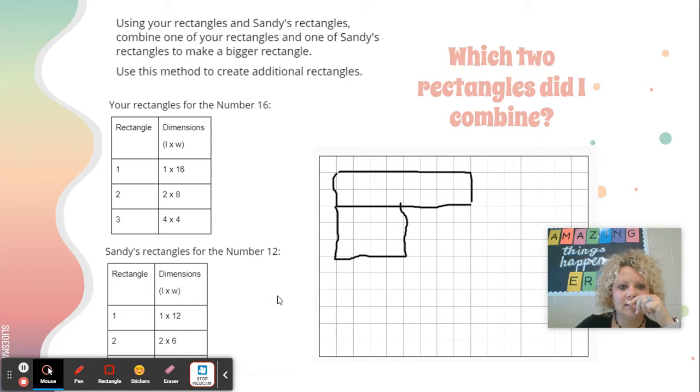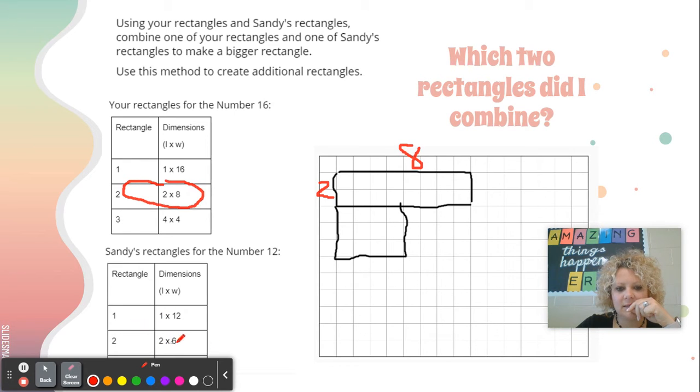So what I did is I went ahead and I put together, I did this one right here. So which 2 did I combine? So I did 2, and this one is 1, 2, 3, 4, 5, 6, 7, 8. And then this one, I picked one down here. So I did this one right here.